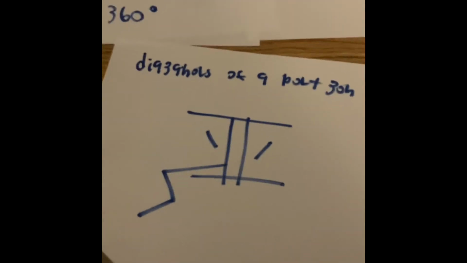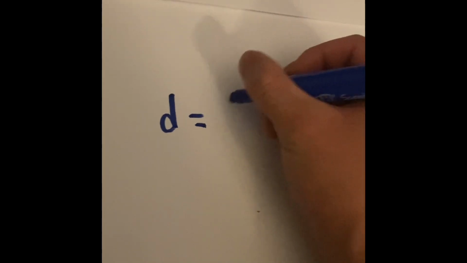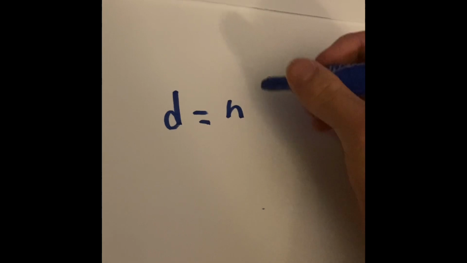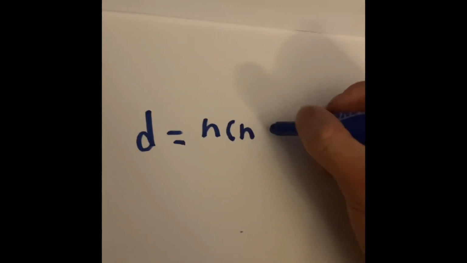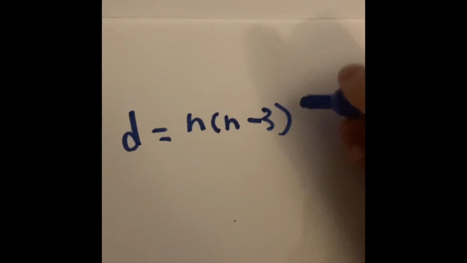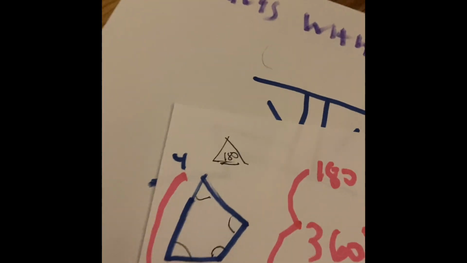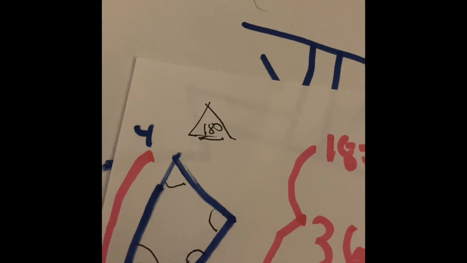The number of diagonals equals the number of sides, in parentheses, the number of sides minus 3. We subtract 3 because a triangle, with 3 sides, cannot have any diagonals because it's always breaking the rule.